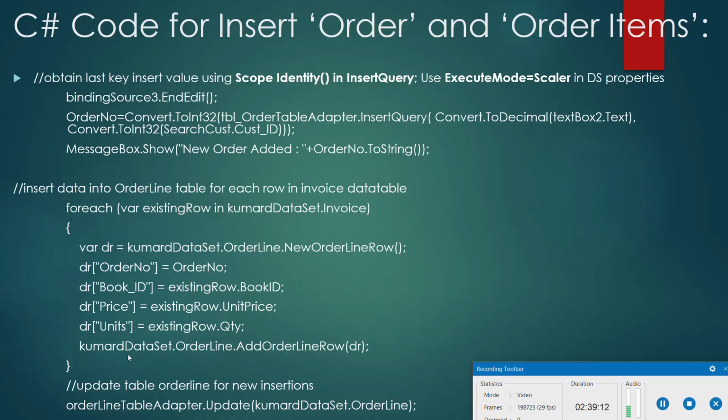Okay, I think the problem is here now. The problem is that we have missed this update statement. We have to have a table adapter name dot update command executed, and only then the changes that we have made to the table adapter order line will be saved. These changes are there in the table adapter order line, but they have not been updated in our real database, in our table inside our real database in SQL Server.